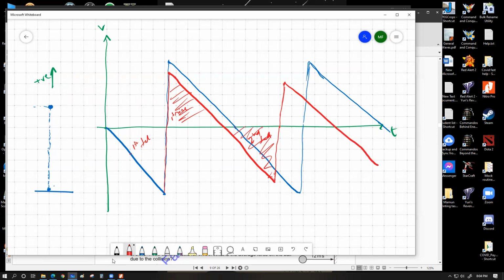And so this is our second rise. What is important is that the fall and the subsequent rise would not be equal, because we're going to have lost some energy in the process of collision with the ground. This is where the energy is going to be lost.